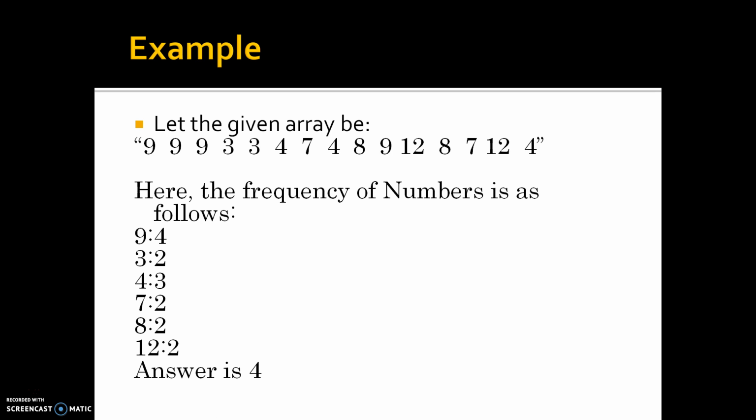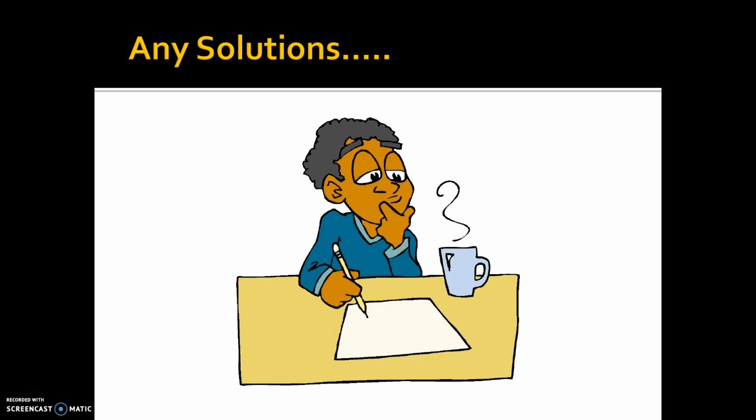I would appreciate it if you first solve this problem, then continue with this video, and think of any possible solutions. Then we will continue with the possible solutions. We have three possible solutions for this problem, and we are going to discuss them all.